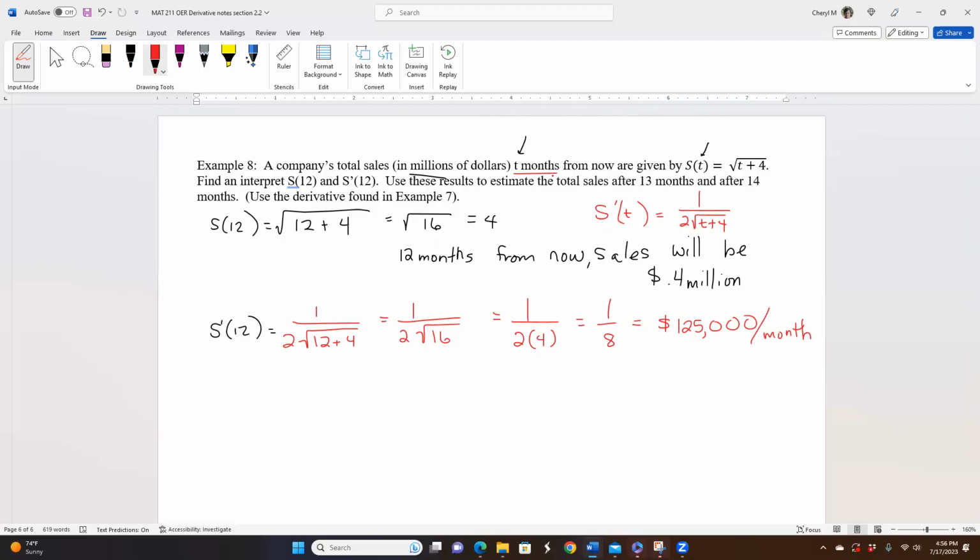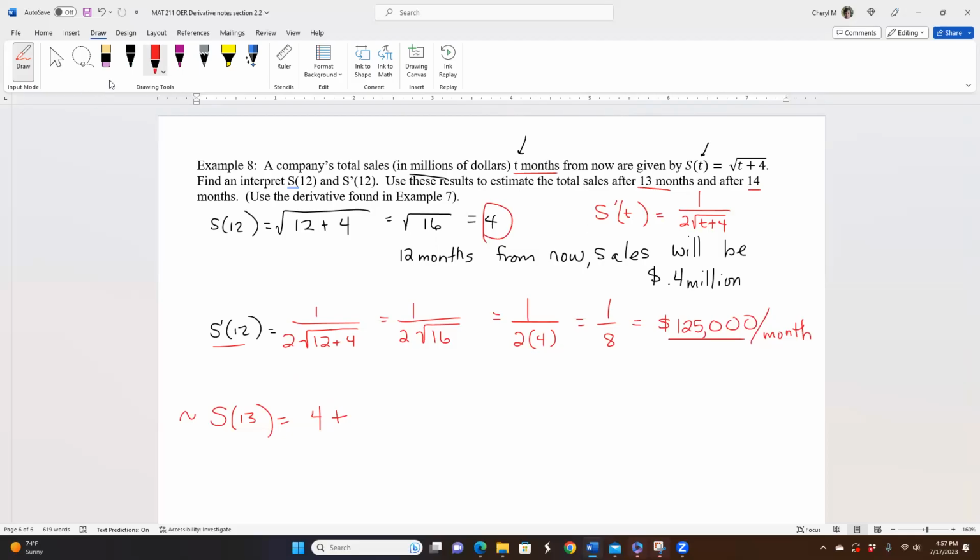Use these results to estimate the total sales after 13 and 14 months. So if we're going to estimate s of 13, and I know that after 12 months, sales was $4 million, and then per month, it's changing at $125,000 per month.